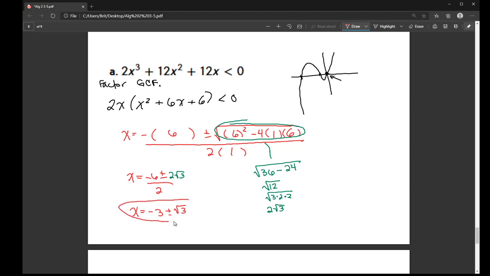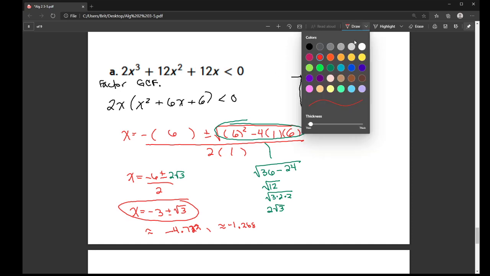So these are my other two zeros. That's what this and this are, and they're decimal approximations. So it's approximately negative 4.732 and approximately negative 1.268. Okay, that's what those zeros are.